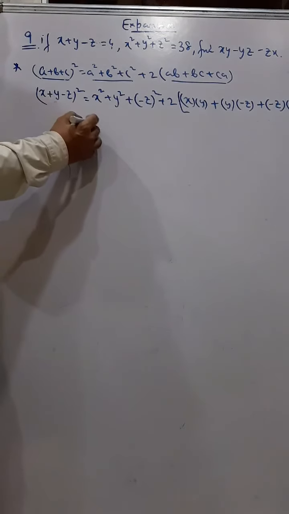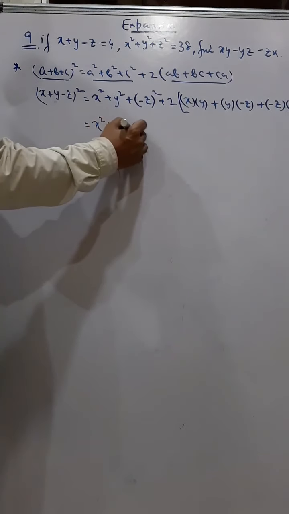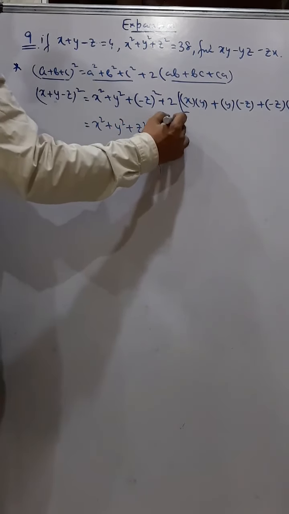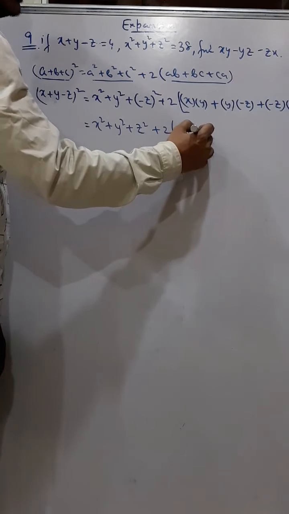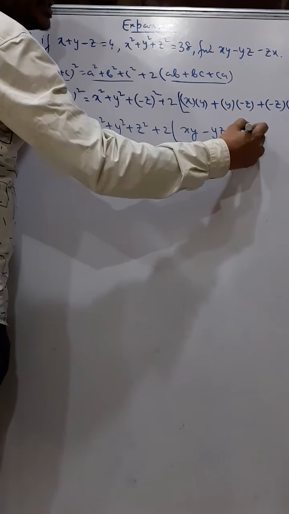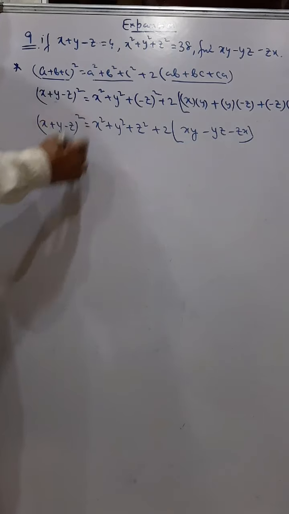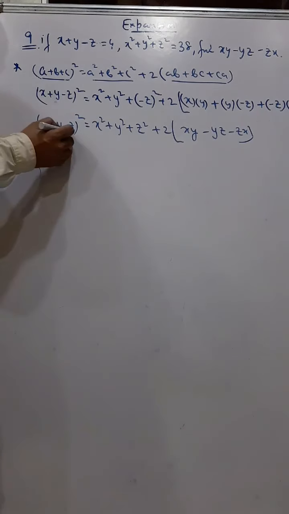And now simply I can say this becomes x square plus y square plus z square plus 2 in bracket xy, you get minus yz and minus xz or zx. And now you can see finally we got x plus y minus z whole square. And now you see these 3 terms.